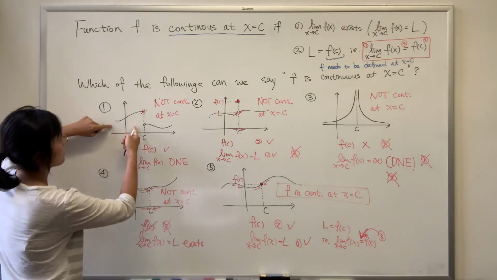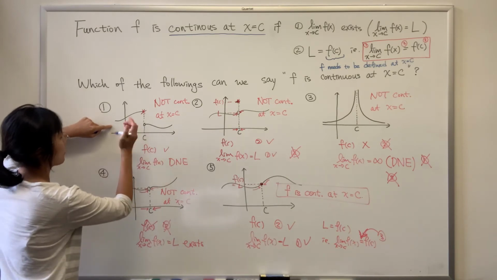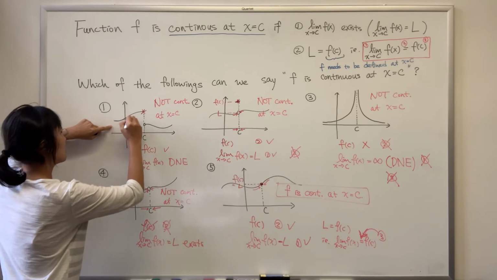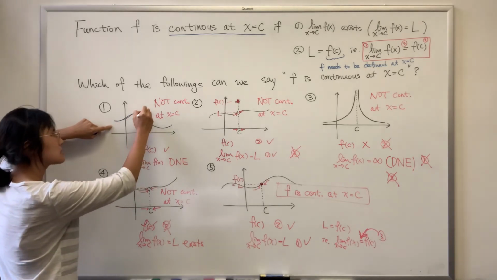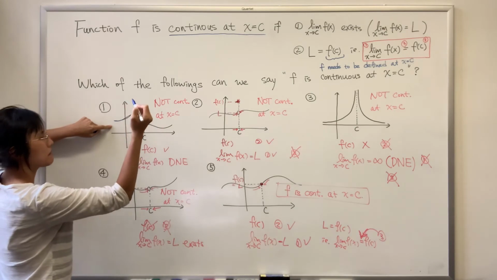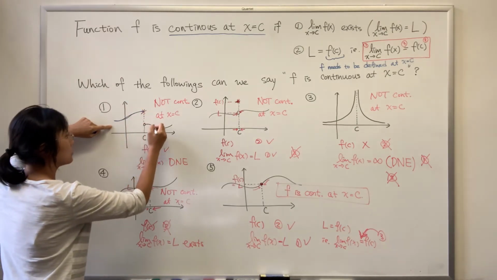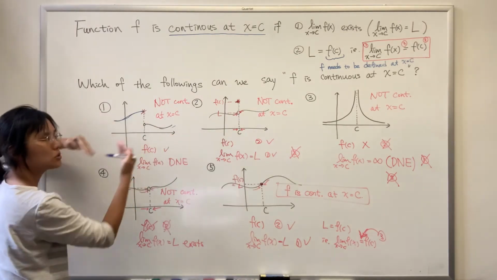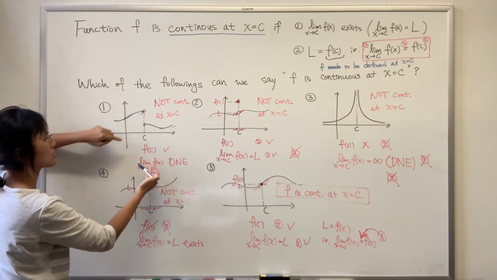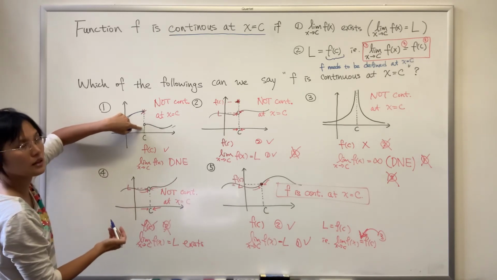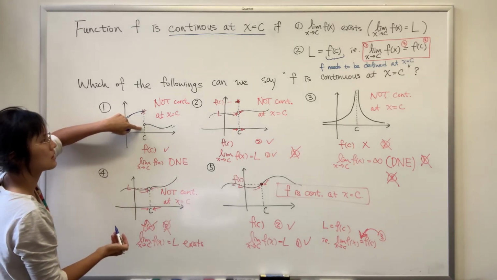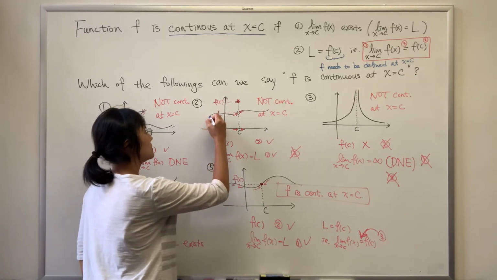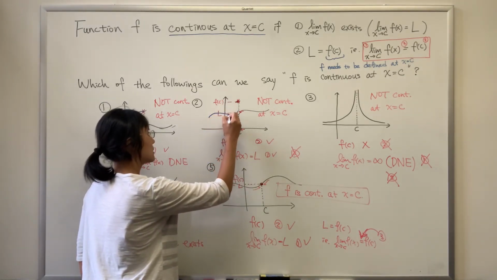All right, so now let's go over example 1. If I am drawing the function, I go this way, then I must lift my marker and continue from here. So you can see the motion is being interrupted. So intuitively, you can say the function is not continuous at x equals c. And similarly, case 2, I'm traveling from the left.